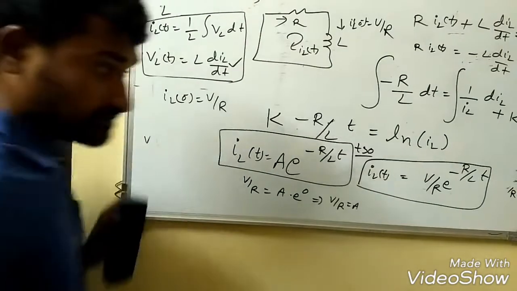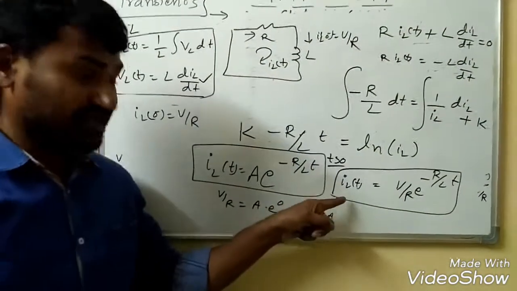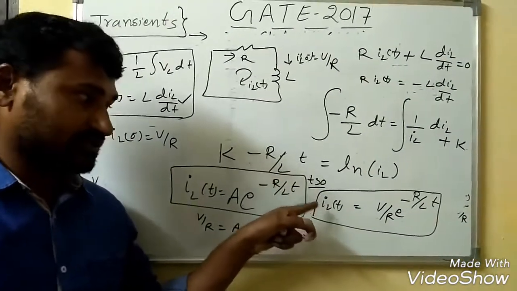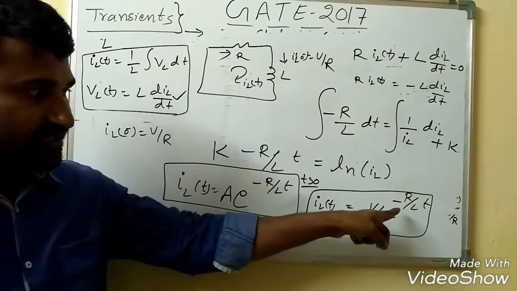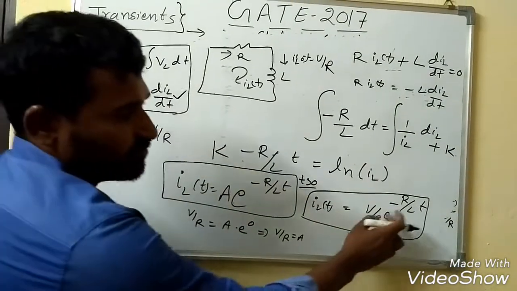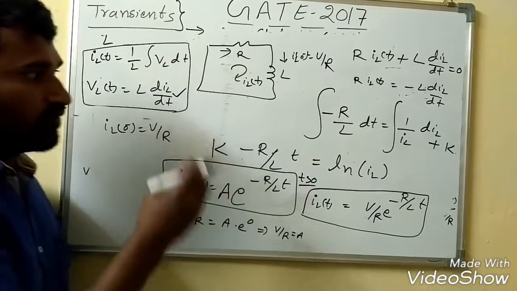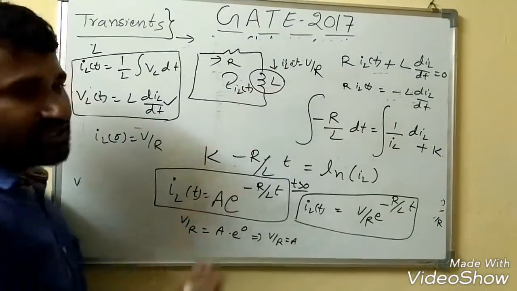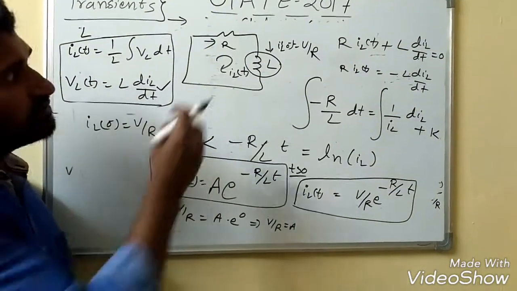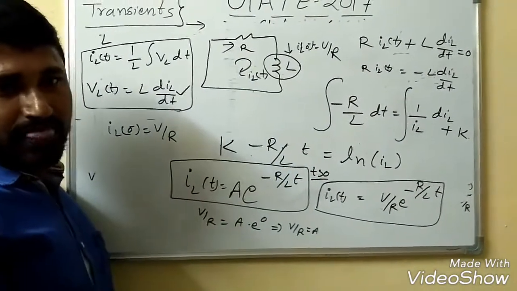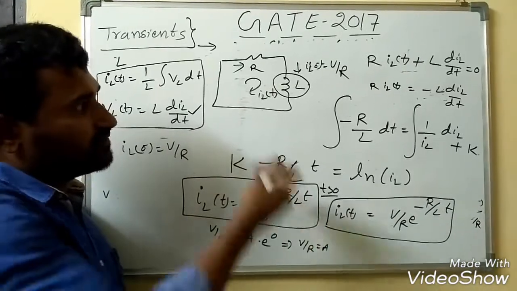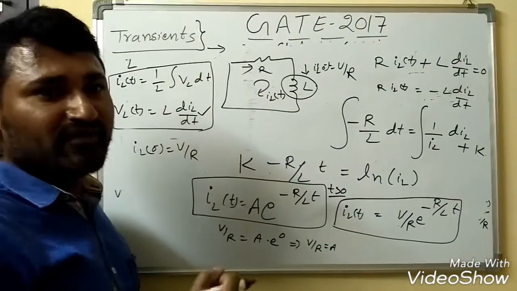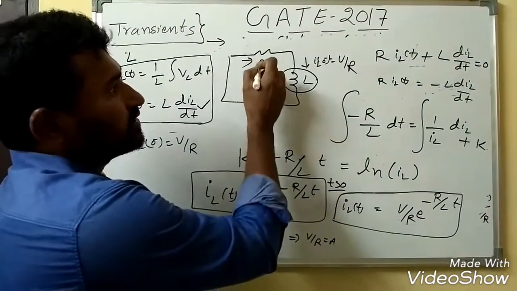See, in a source free network, the inductance current is always an exponentially decreasing function, because this is e power minus x, right? Why is it decreasing? Because this inductor initially stored something. Now this resistor wants the energy from this inductor. So the inductor now will behave like a source for the resistor.